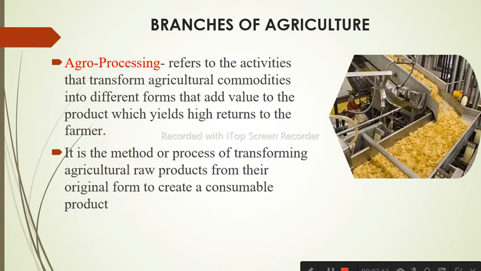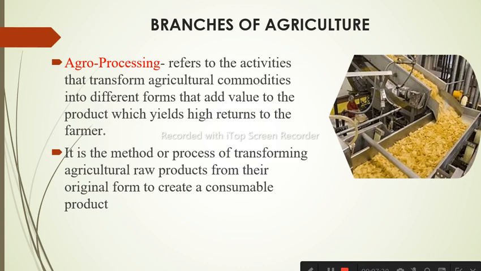Agro-processing refers to the activities that transform agricultural commodities into different forms that add value to the products, which yields high return to the farmer. So you can have your sugar cane and it is converted to sugar, rum, molasses, and other products. You can have your hot pepper that can be converted to pepper sauce.